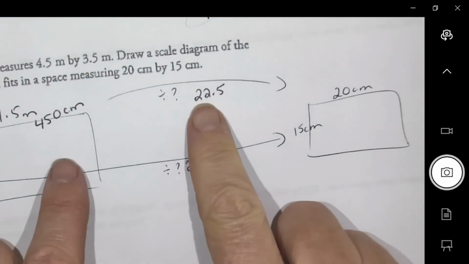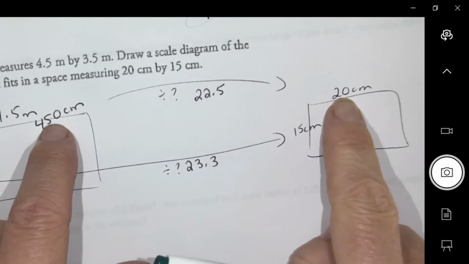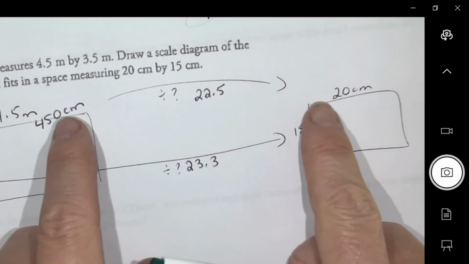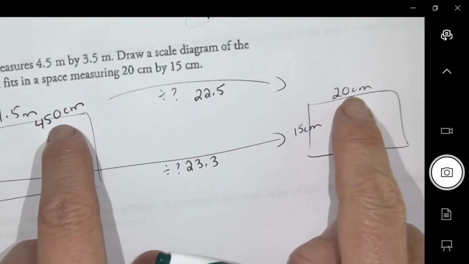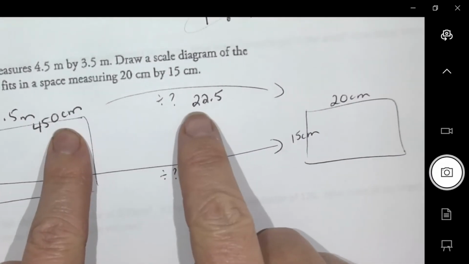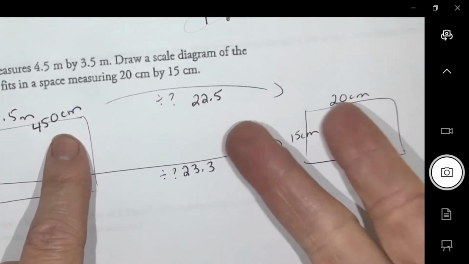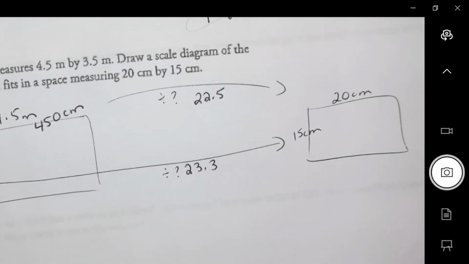I divided 450 by 20. So I divided those numbers to say if I did 450 and divided it by 20, it's the same as doing the other way around, right? Because 8 divided by 2 is 4, but you could also have done that the other way. 8 divided by 4 is 2.